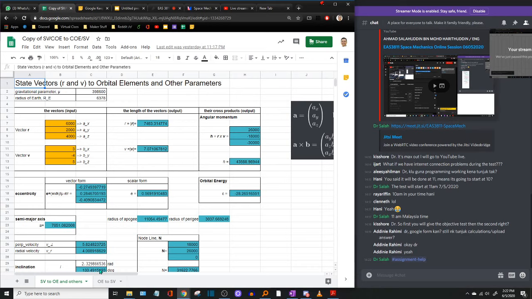There's a chapter, orbit description in 3D, where we are given the state vectors R and V, vector R and vector V, the position vector and the velocity vector.